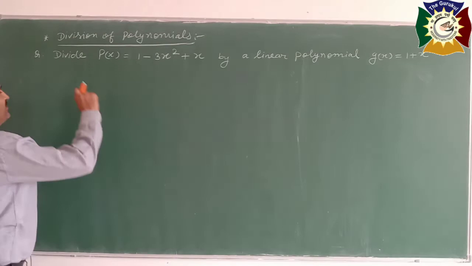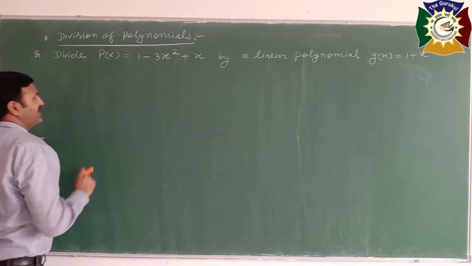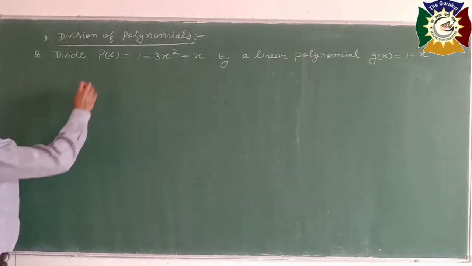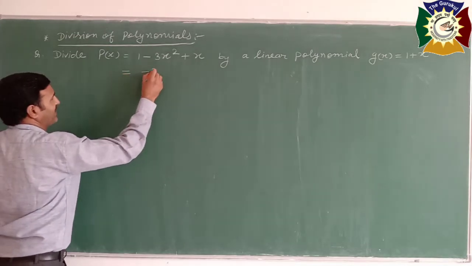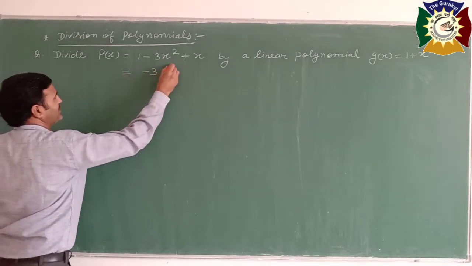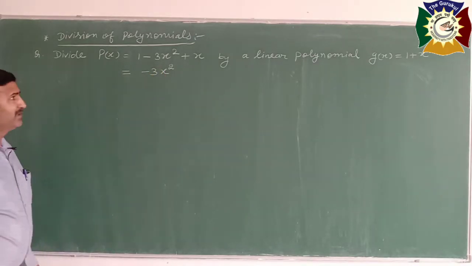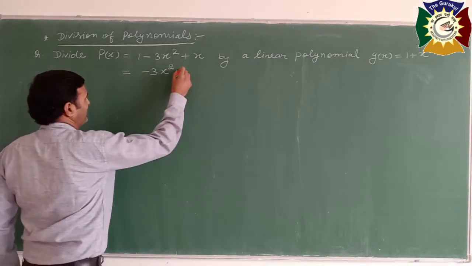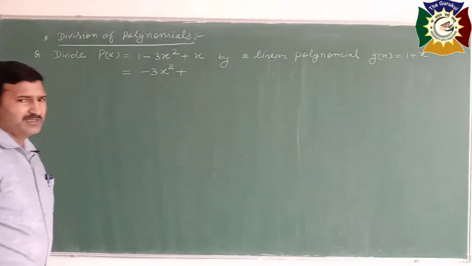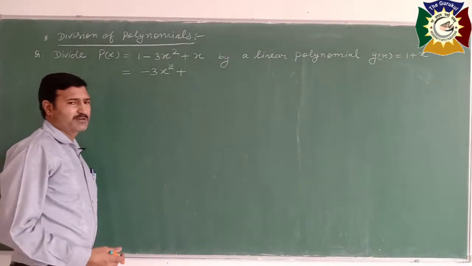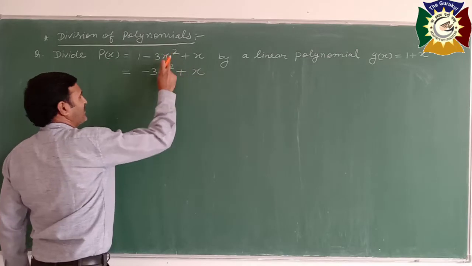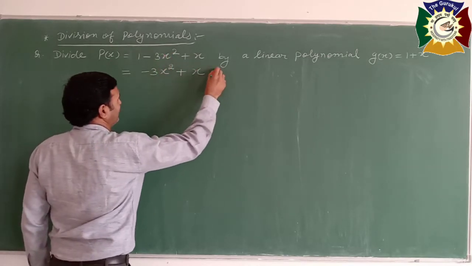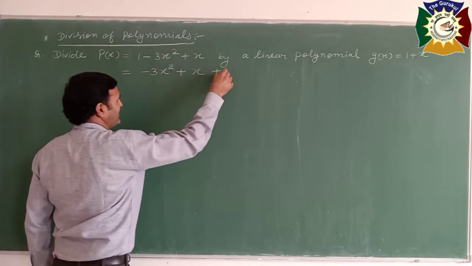First of all, we will write the polynomials into standard form. And what is the standard form? We have to write the highest power first, then we will write the terms in the decreasing order of the powers. Quadratic term, then linear, then constant term along with the sign.